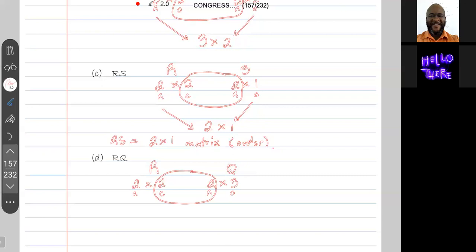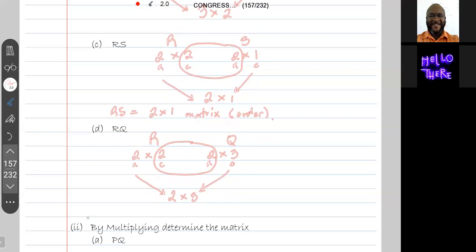So that makes them compatible. And once they're compatible, the number of rows in the first matrix, which is 2, by the number of columns in the second matrix, which is 3, is the order of the matrix product. So what this is saying is that RQ will be a 2 by 3 matrix. And of course, this is the order of RQ.